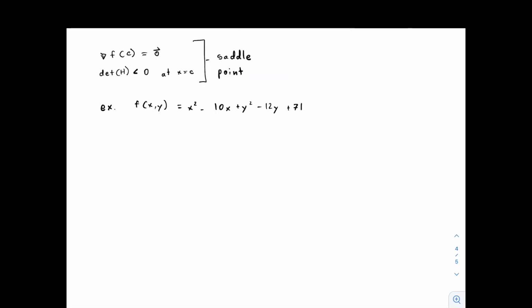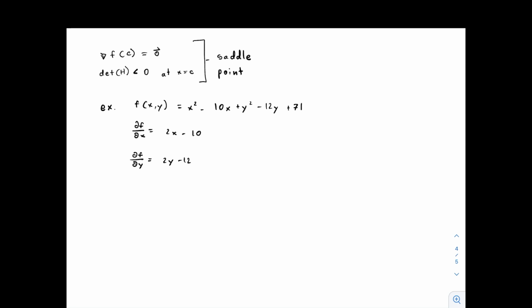If we have f of x, y defined as it is here, x squared minus 10x plus y squared minus 12y plus 71, let's start off by finding the partial derivative with respect to x. And we get 2x minus 10. And then our partial derivative with respect to y is going to be 2y minus 12.